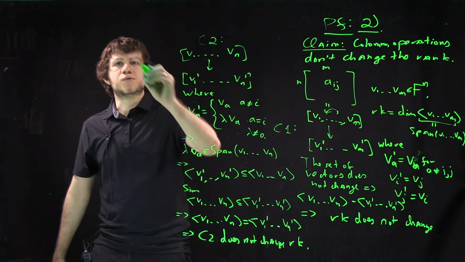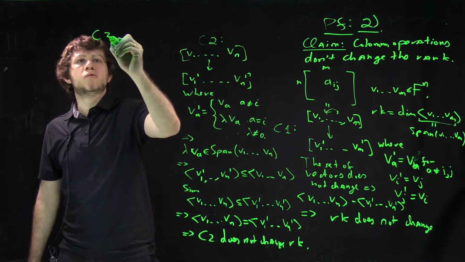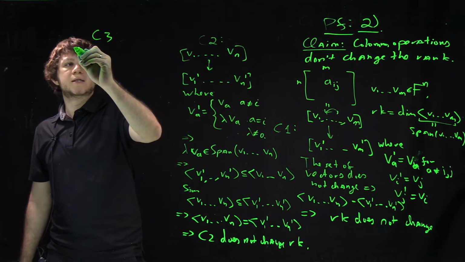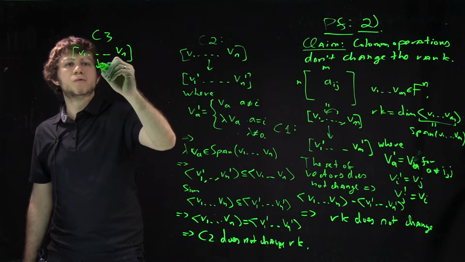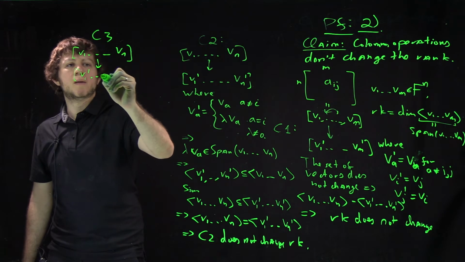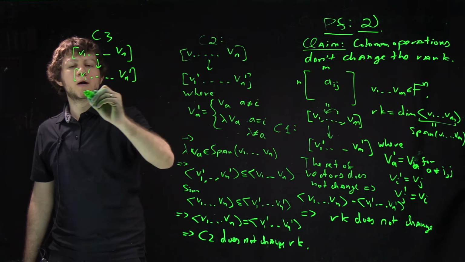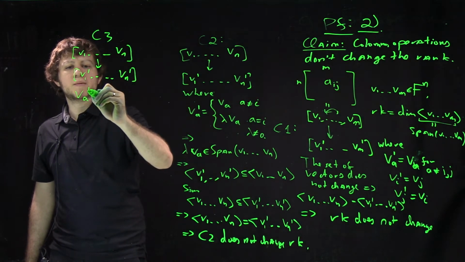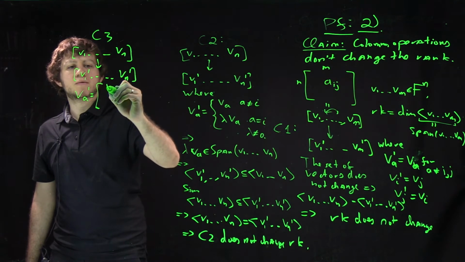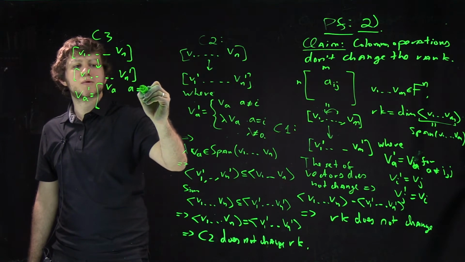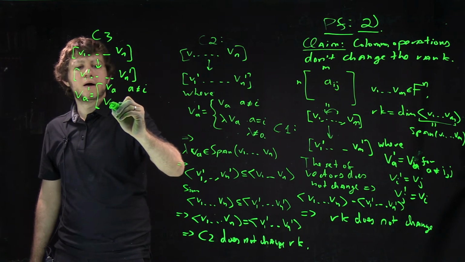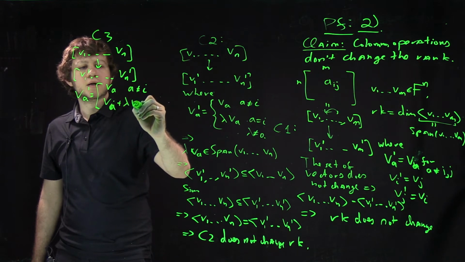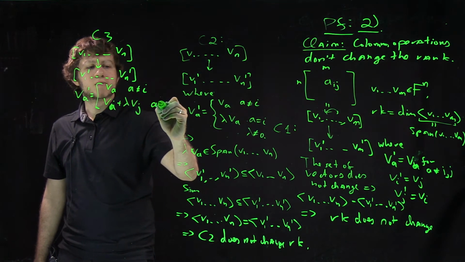So finally C3, again, it's the same idea, just slightly more involved. We had this collection of vectors v1 up to vn, and we move it to v1 prime up to vn prime, where va prime equals va for a not equal to i, and equals va plus lambda vj for a equal to i.